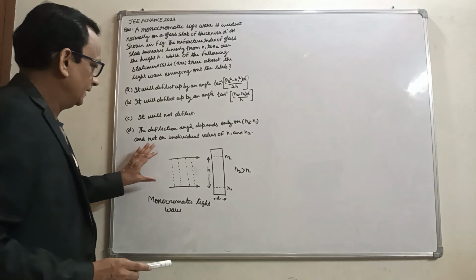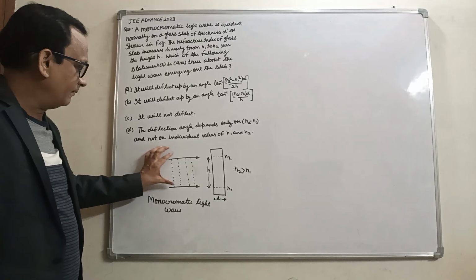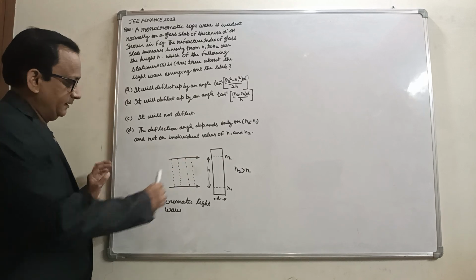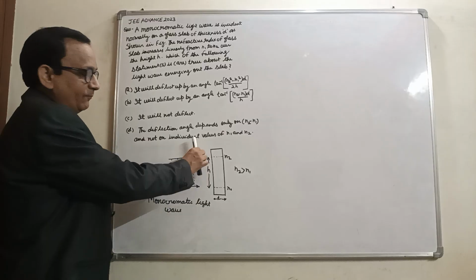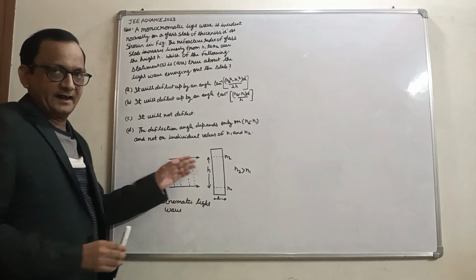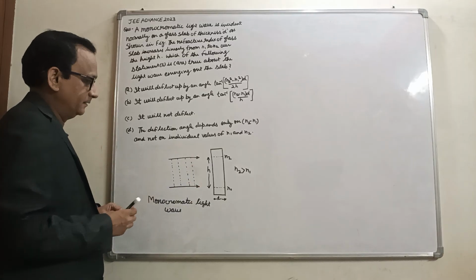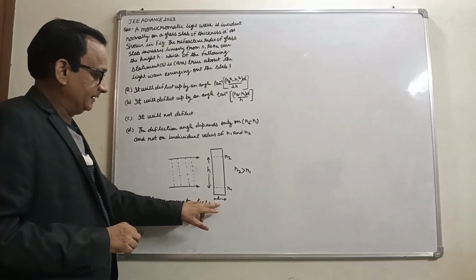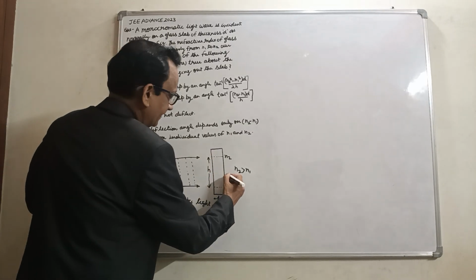In this scenario, when a monochromatic light is normally incident, the planar wave front would be perpendicular to the propagation direction. In this question, this is the height h.